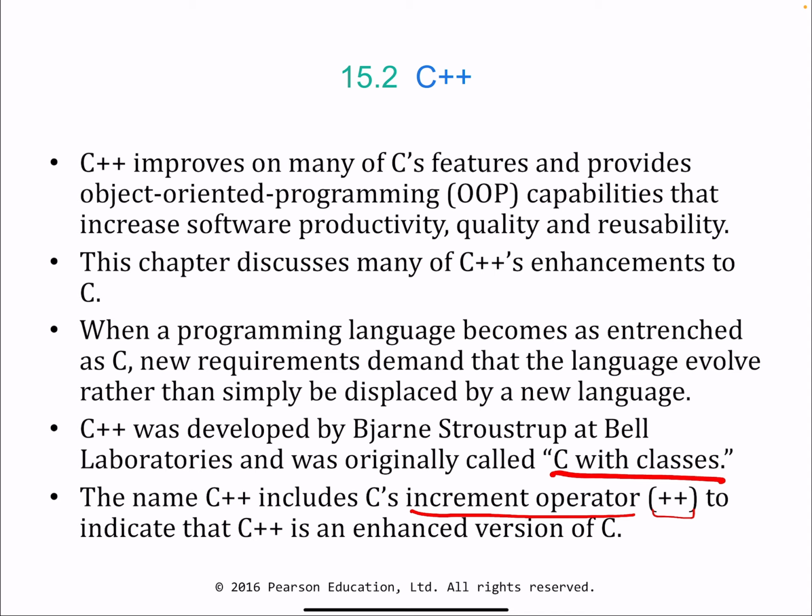So it's kind of an enhanced, improved version of C. That's what the name C++ means. As for the developer of C++, that is a Danish computer scientist by the name Bjarne Stroustrup, who developed C++ while working at Bell Labs.